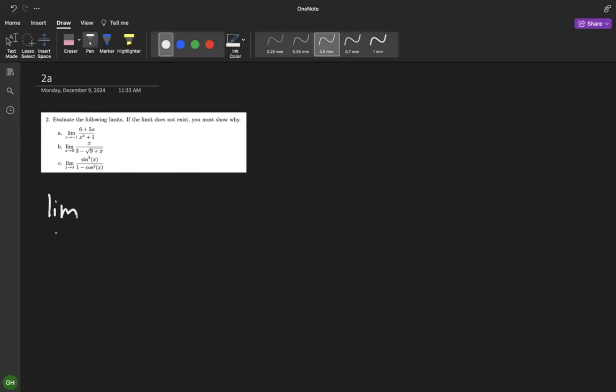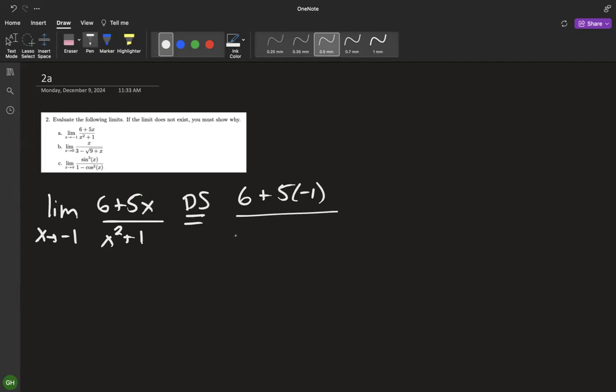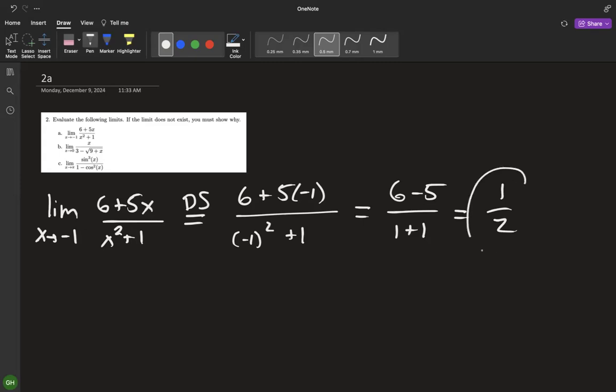So the limit as x goes to negative 1 of 5x squared plus 1, direct substitution: 6 plus 5 times negative 1 over negative 1 squared plus 1. That's 6 minus 5 over 1 plus 1. That is 1/2. If we do direct substitution and we get a real number, we are done. That's all we have to do.